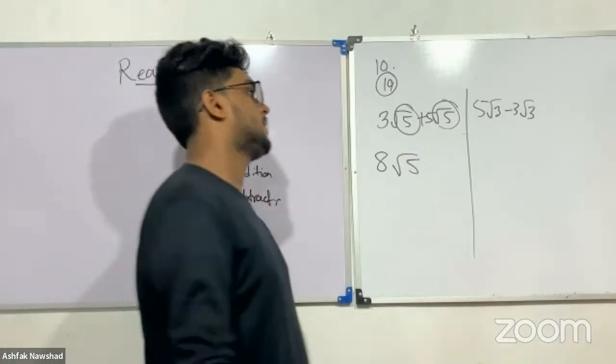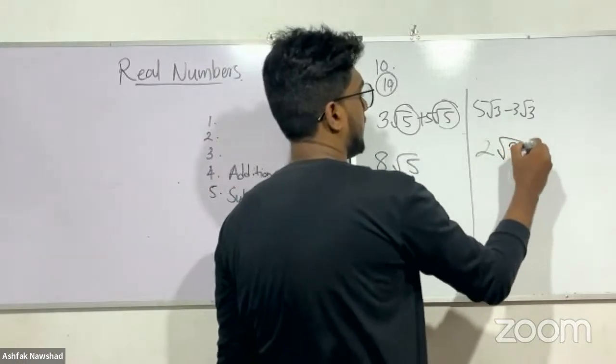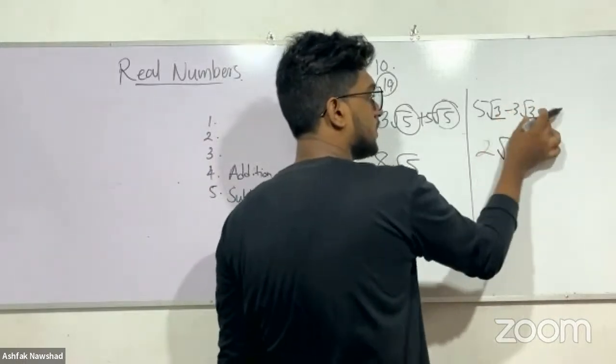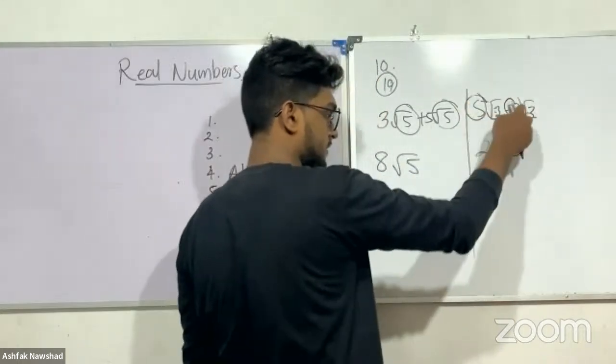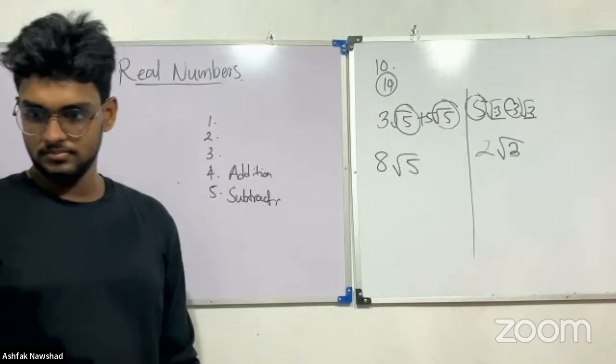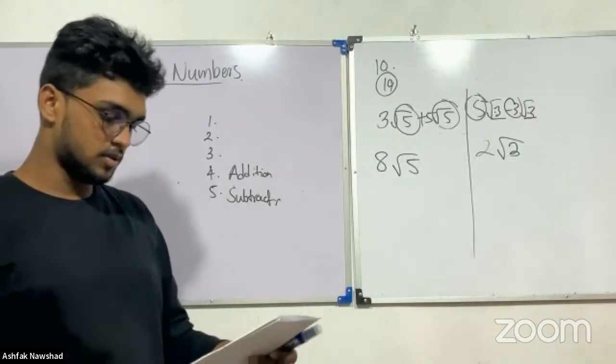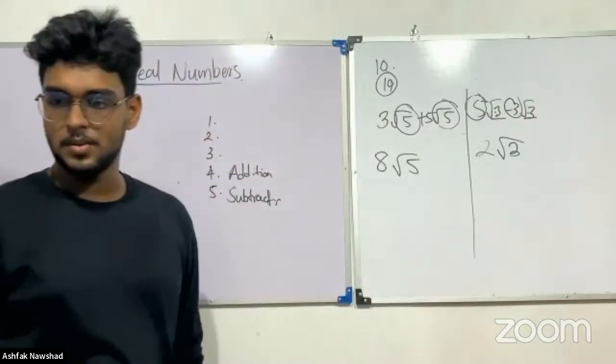So like I said, don't try to simplify these. You only simplify the numbers in front. 5 minus 3 is. Very good. Okay.